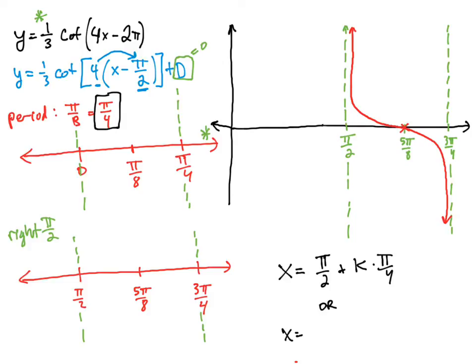I could have written this differently. I want to pick a different asymptote. Let's pick 3 pi over 4 plus k times pi over 4. So either of these are 100% correct. Pick any asymptote, then add k times the distance in between the asymptotes.